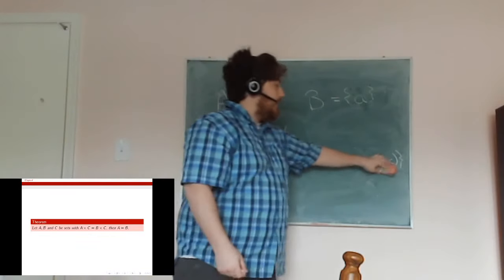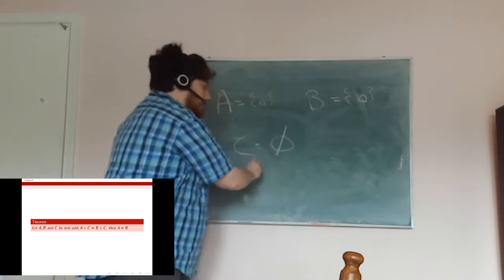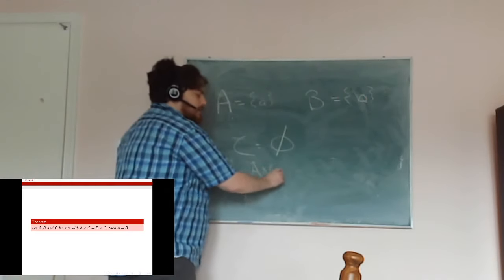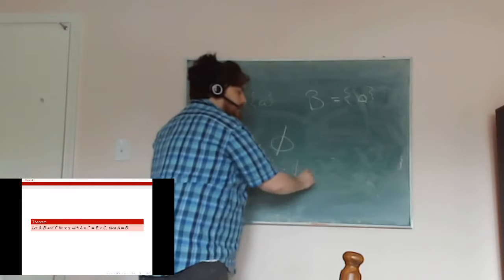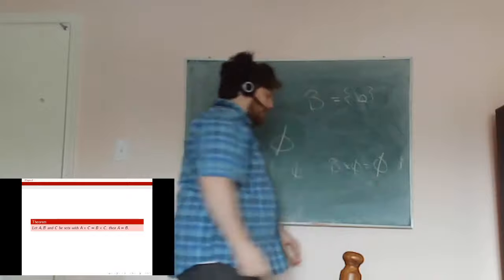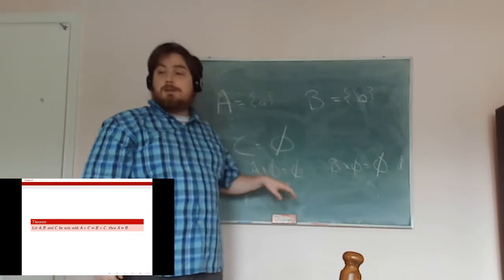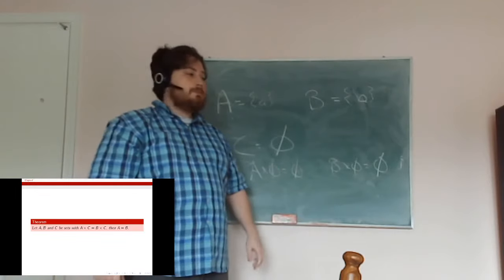If I take, let's just say A is A, B is B, then A cross the empty set is the empty set, and B cross the empty set is the empty set. Because if we try to take ordered pairs with things in the empty set, we have no options.